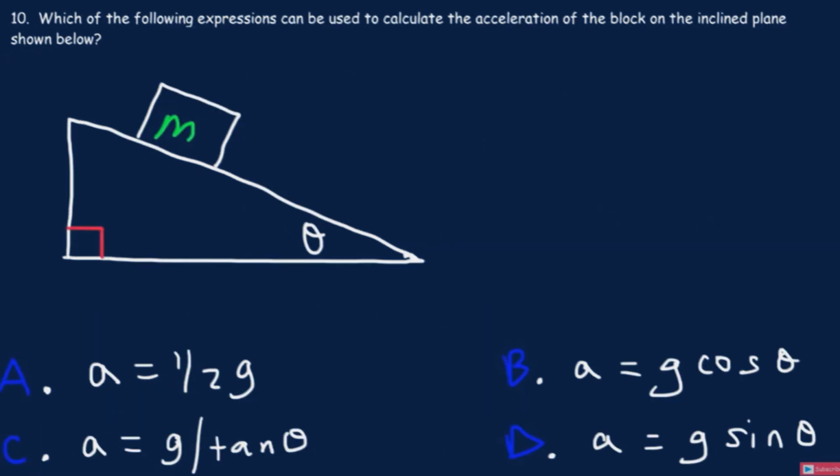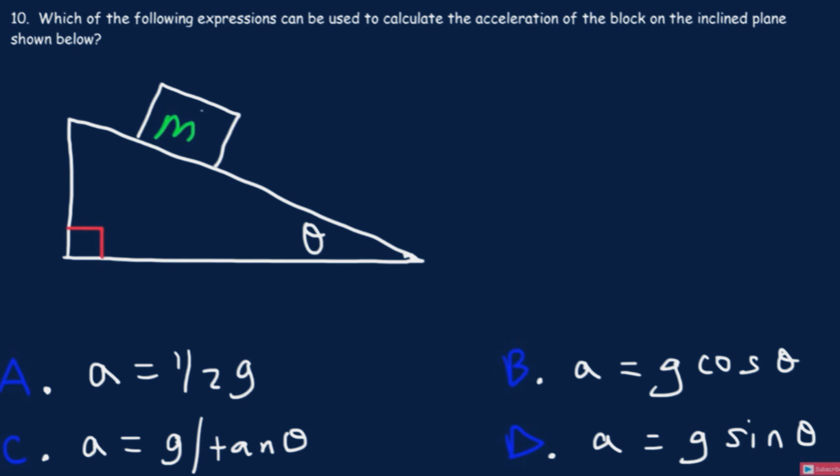Number 10. Which of the following expressions can be used to calculate the acceleration of the block on the inclined plane shown below? So what we need to do is draw free body diagrams.